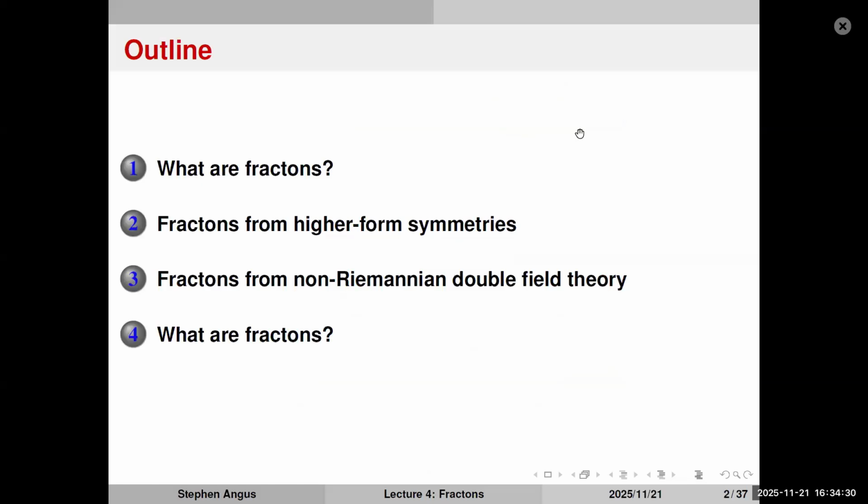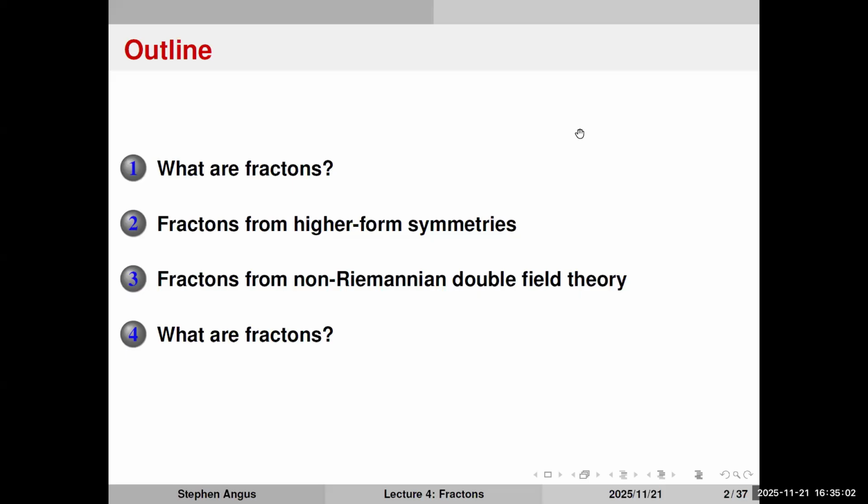So this is the outline of this lecture. First, I will explain what fractons are. And then I will look at two different methods of getting fractons. In particular, with the first one, we will try to get fractons from higher form symmetries. And this will be a particular application of what I discussed last time. But for anyone who wasn't there, I will also review the key ingredients that go into this construction.